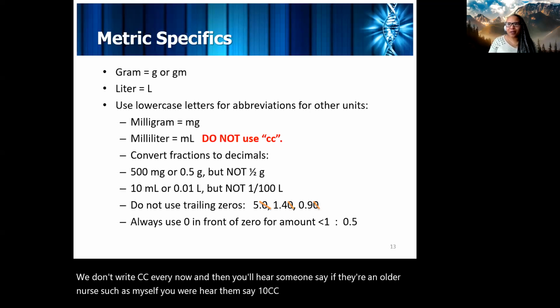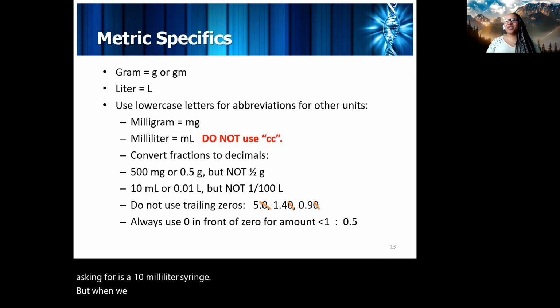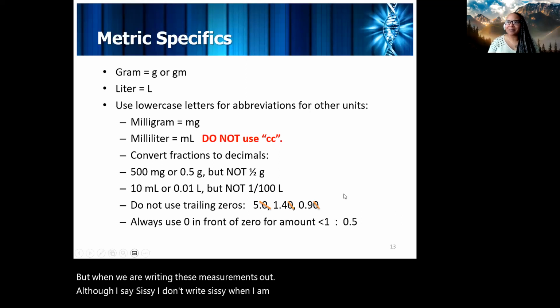So if you're going to have clinical with me and you hear me say, go grab me a 10 cc syringe, then what I am asking for is a 10 milliliter syringe. But when we are writing these measurements out, although I say cc, I don't write cc when I am referring to milliliters.